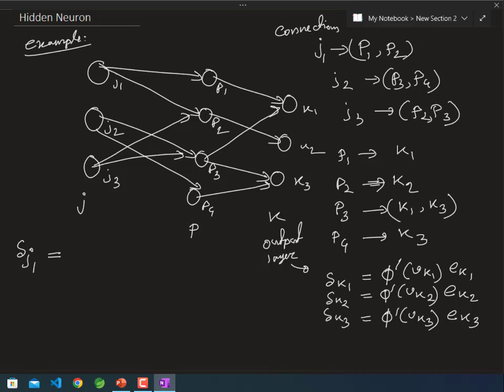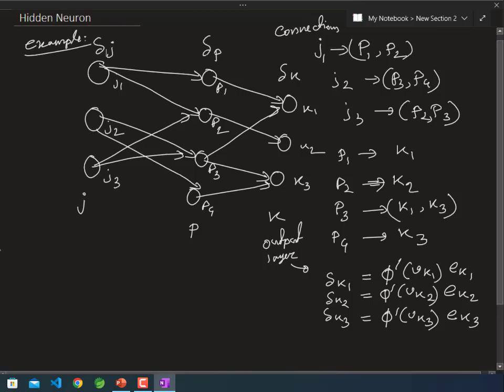So these are denoted delta k with the help of suffixes, this is delta p, and this is delta j. In this way we can compute the equations. For that we have to compute the delta p's first, because without delta p you cannot get the result of delta j.